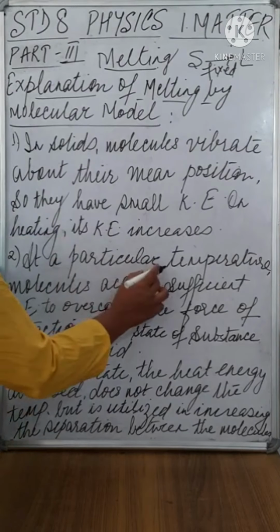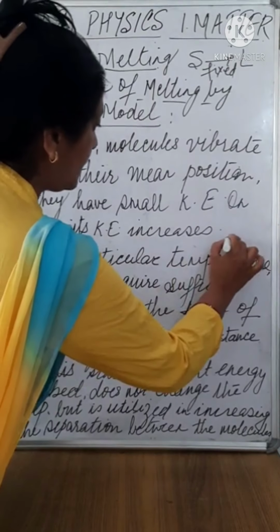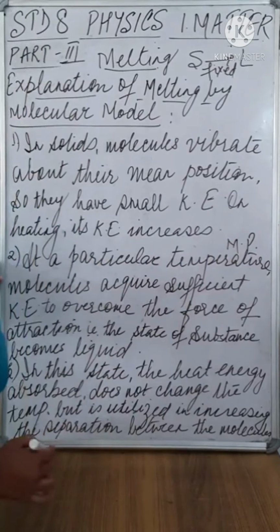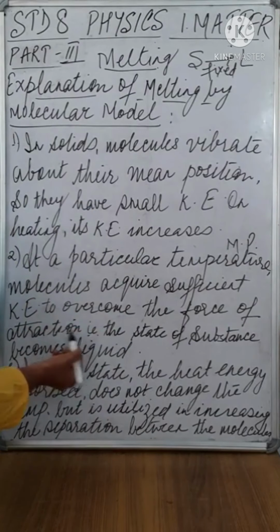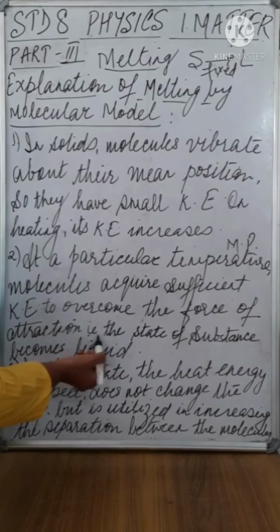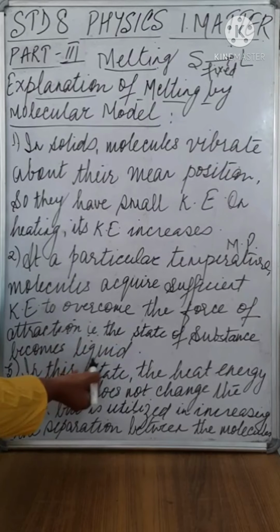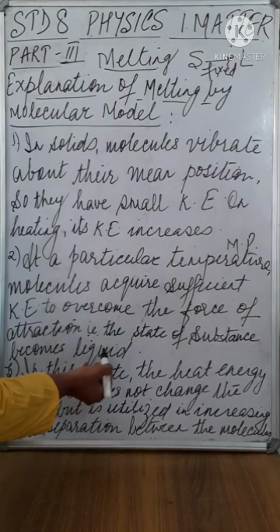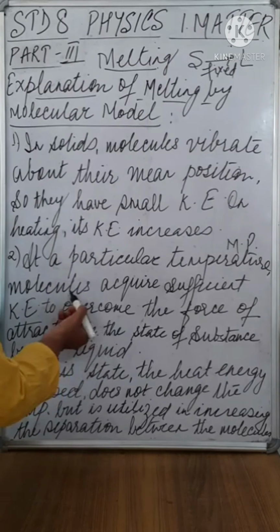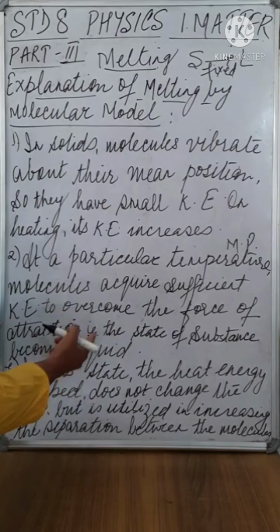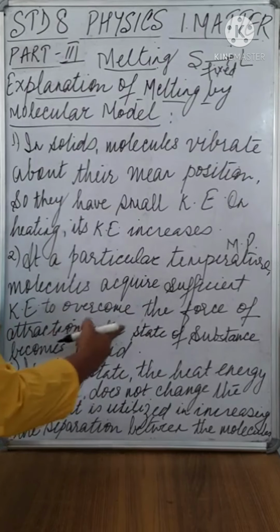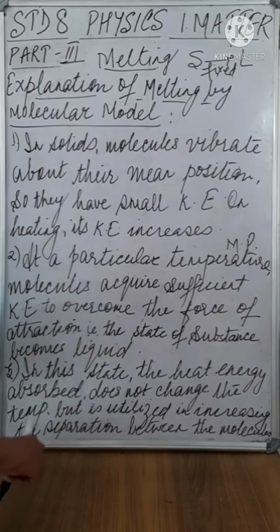At a particular temperature, this temperature is called the melting point of that substance, molecules acquire sufficient kinetic energy to overcome the force of attraction amongst them. That is, the state of the substance becomes liquid.